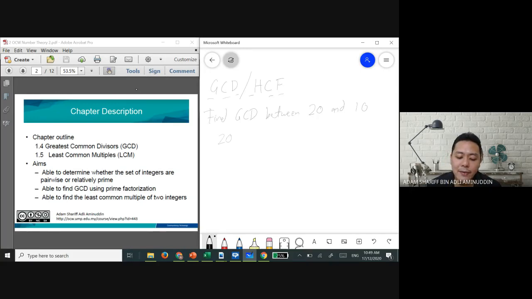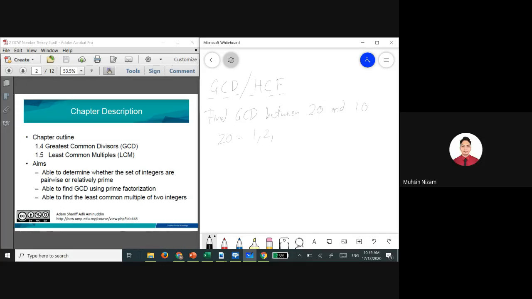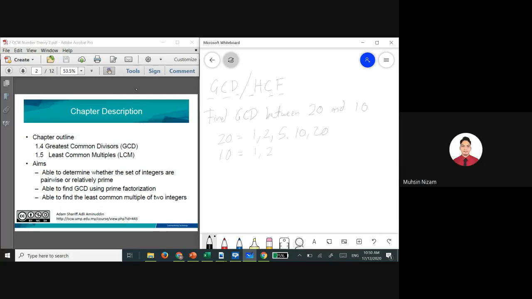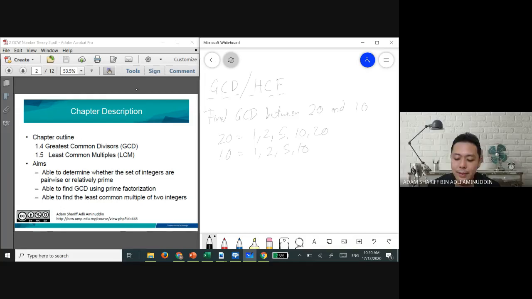What is the divisor for 20? Not prime divisor. Divisors. Semua. 1, 2, 4, 5, 10, 20. Cemerlang. 10 pula. 1, 2, 5, 10.